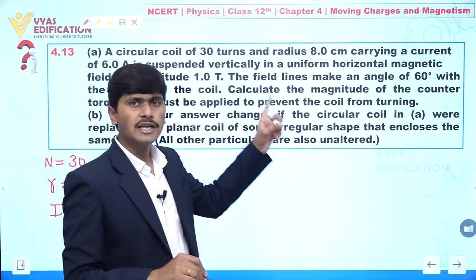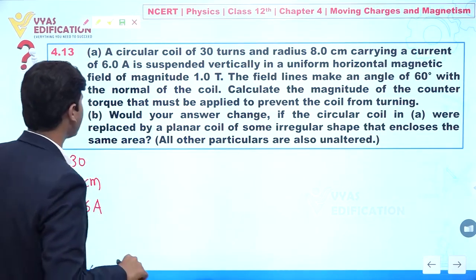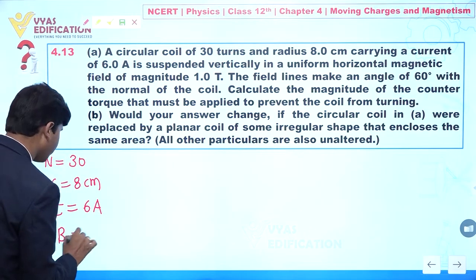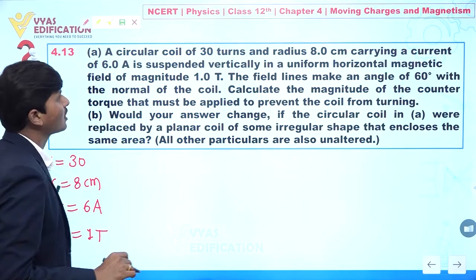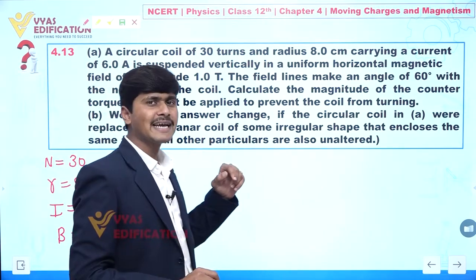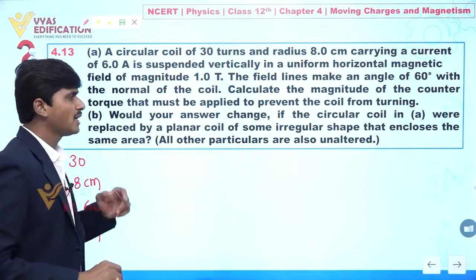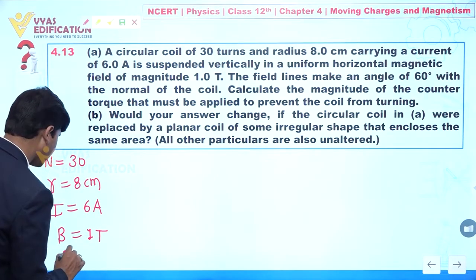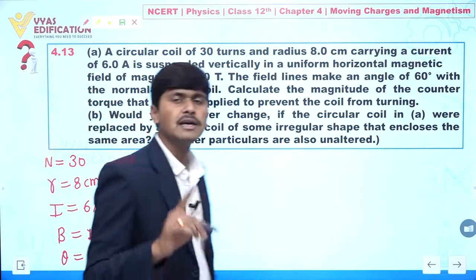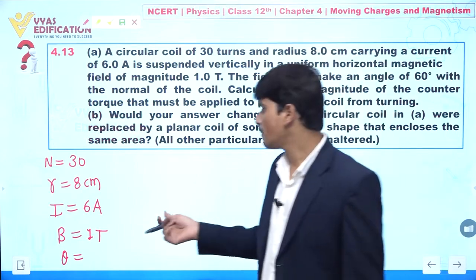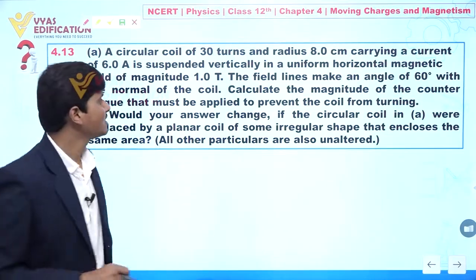It is suspended vertically in a uniform horizontal magnetic field having value B equal to 1 Tesla. Field lines make an angle of 60 degrees with the normal. It means the angle theta between the area vector and the magnetic field is 60 degrees.